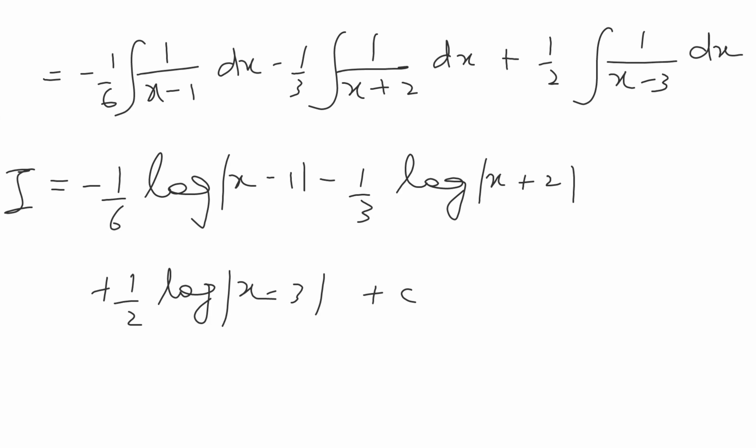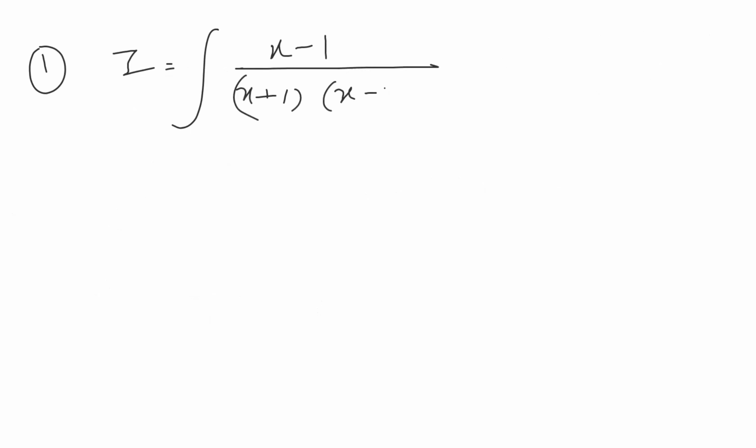Look at OP Malhotra question number 1: integration of x minus 1 upon x plus 1, x minus 2 dx. If you take a look at this problem, the degree of the numerator is 1 and the degree of the denominator is 2, and these are two different linear factors.